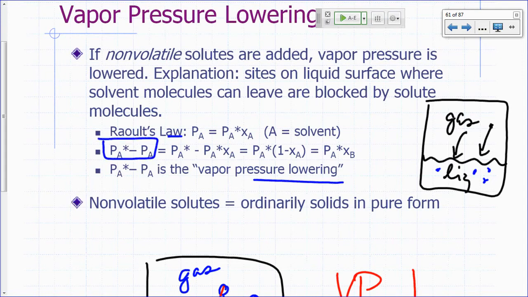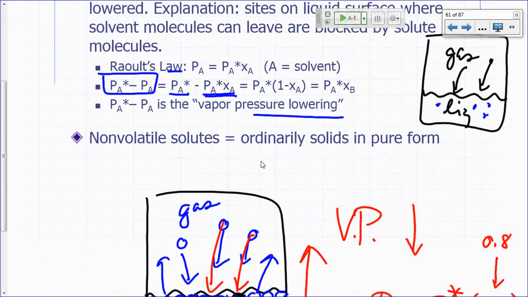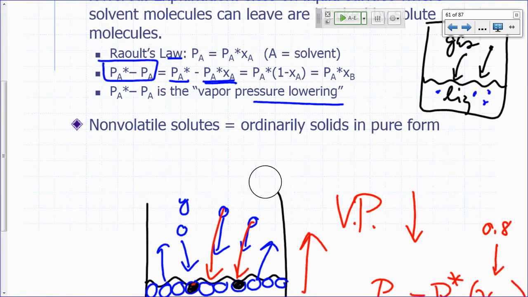So it's equal to P star A minus the new pressure, which is P star A times XA. What can I do with that?